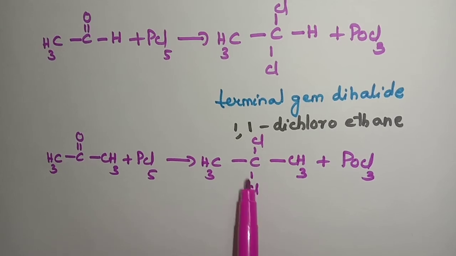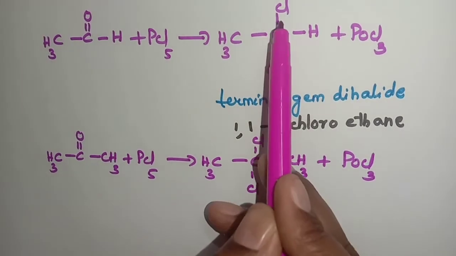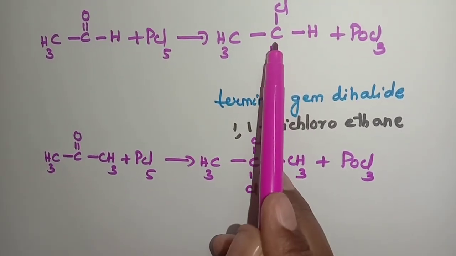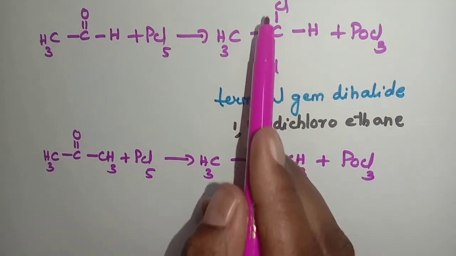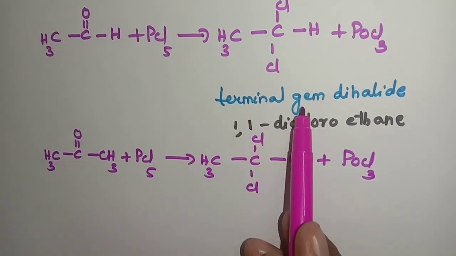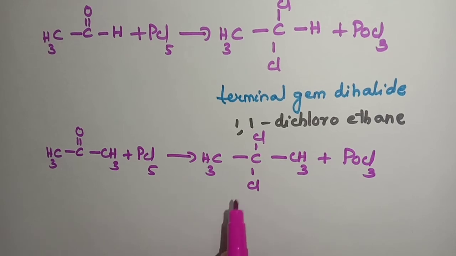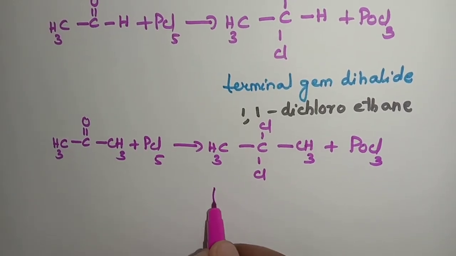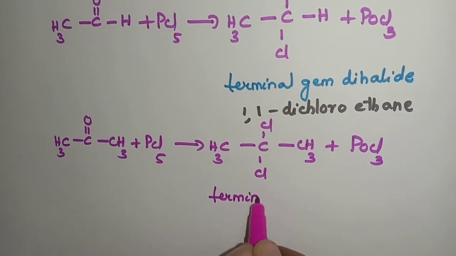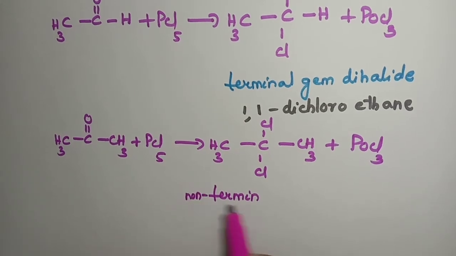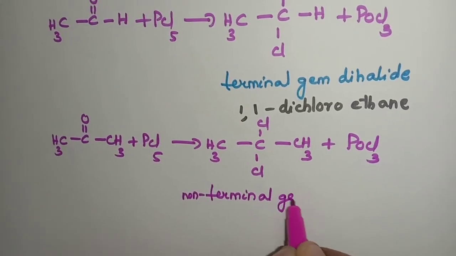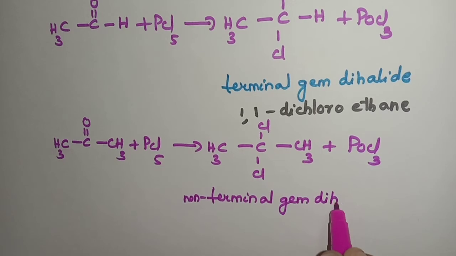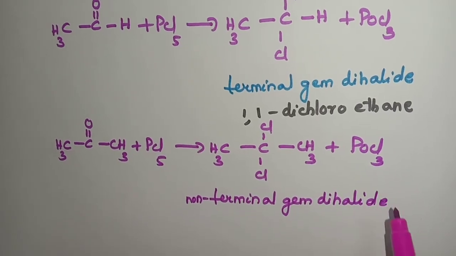Here the halogens are on the middle carbon. Here the halogens are on the last carbon. When they are present on the last carbon, they are called terminal gem dihalides. If they are present on the middle carbon, then they are called non-terminal gem dihalides.